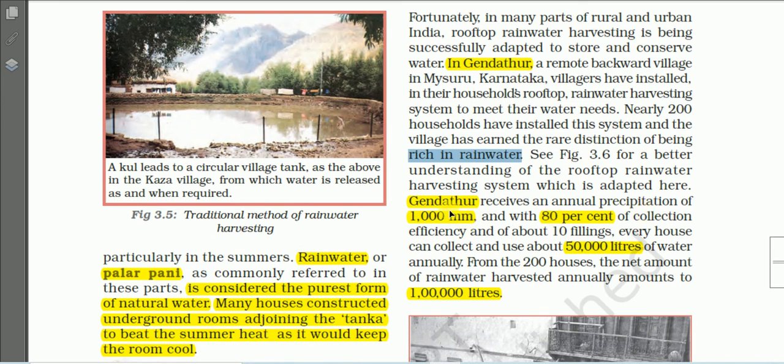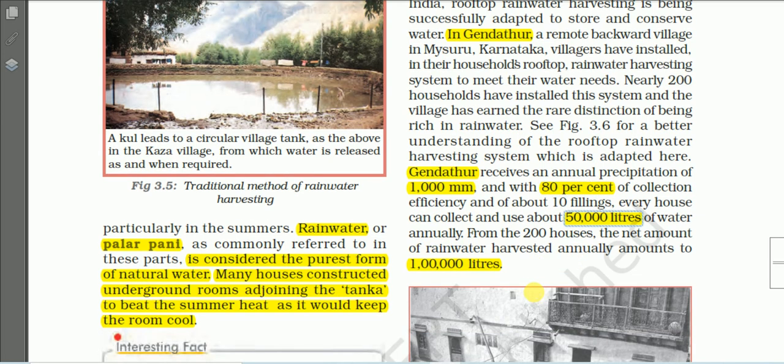Say Gandathur receives an annual precipitation of 1000 millimeter, that is 100 centimeters. With 80% collection efficiency, every household can collect and use about 50,000 liters of water annually.